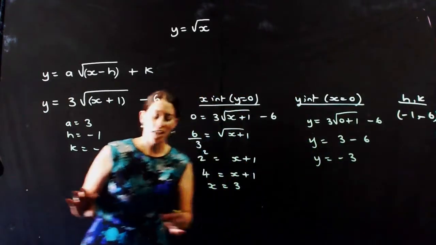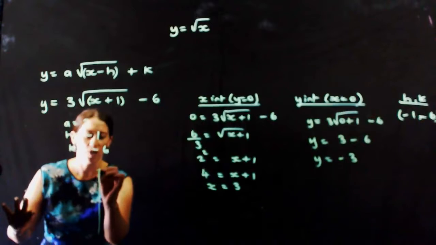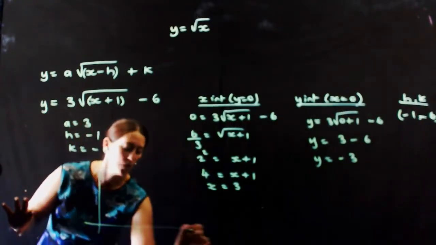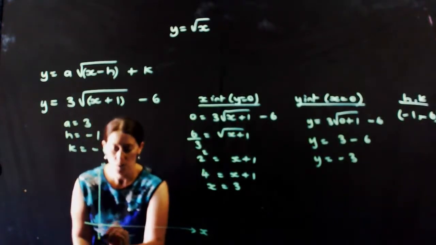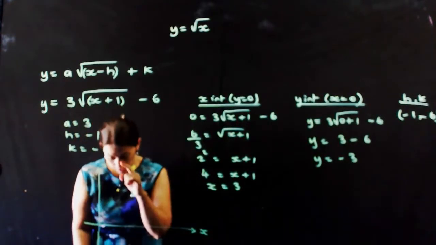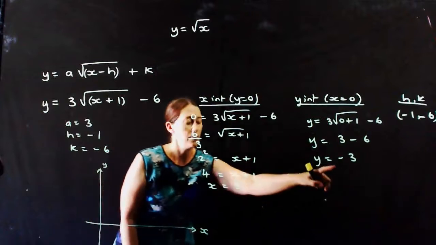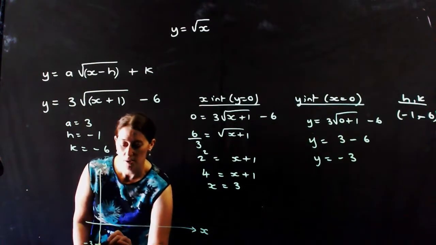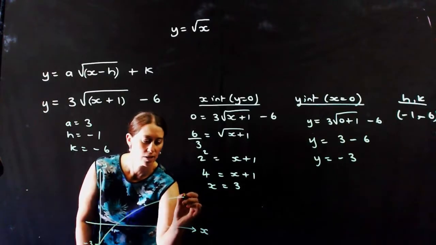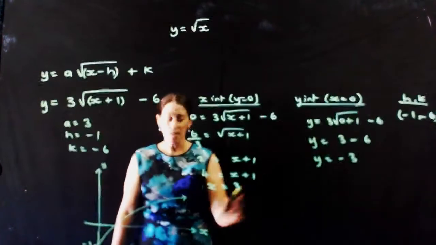Now when I sketch that, I'm only after the upper arm. Always put your x and y axes. My y-intercept is minus 3, so that's where I go, and then up to the turning point. Does that make sense?